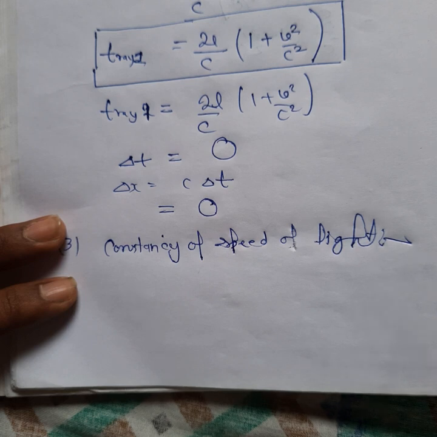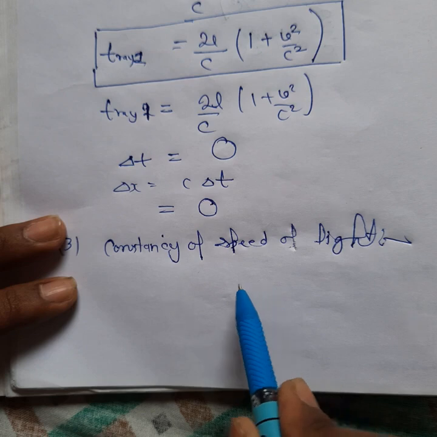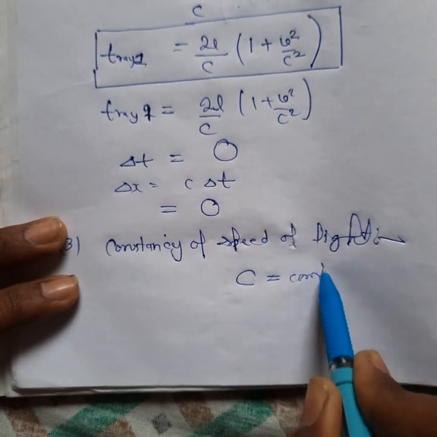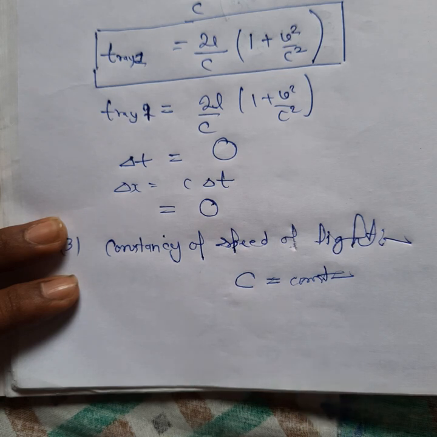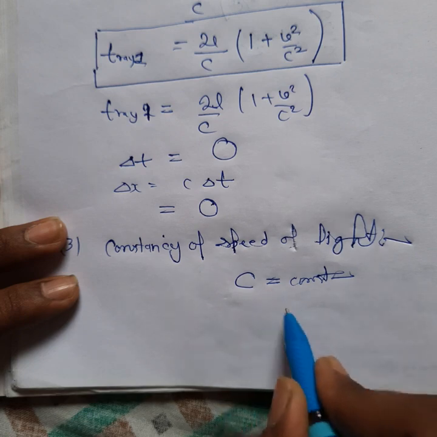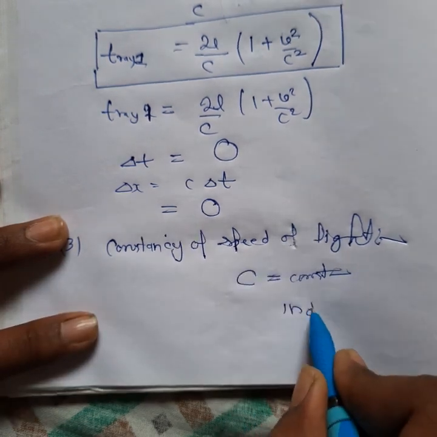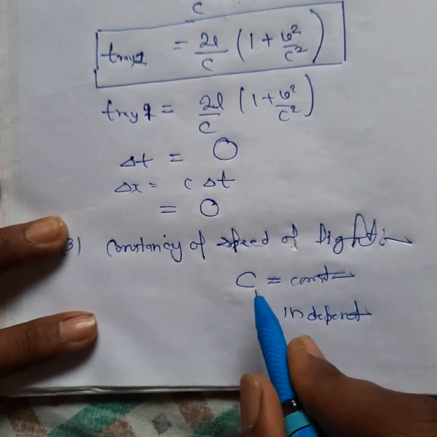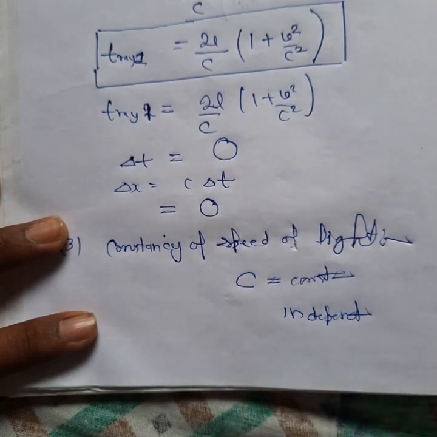According to him, the speed of light c is constant and it is independent of the position of source and observers. So c is constant and independent. It means that the velocity of light c is the same in all frames of reference.